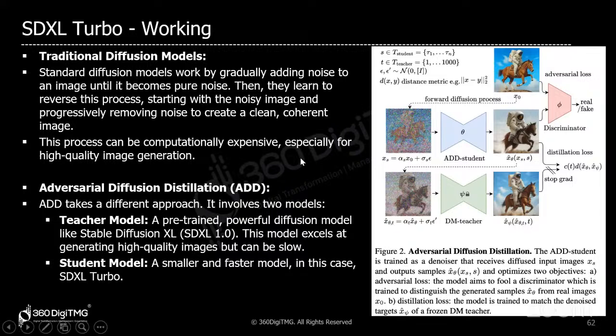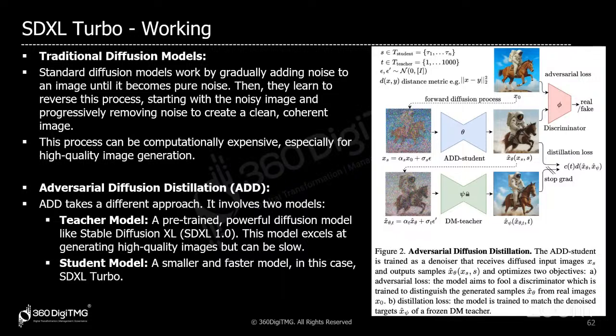Then they learn to reverse this process, starting with the noisy image and progressively removing the noise, creating a clean coherent image. This process can be computationally expensive, especially for high quality image generation. Firstly they add noise gradually, and once a pure noisy image is generated, they start removing this noise and make the image clean.